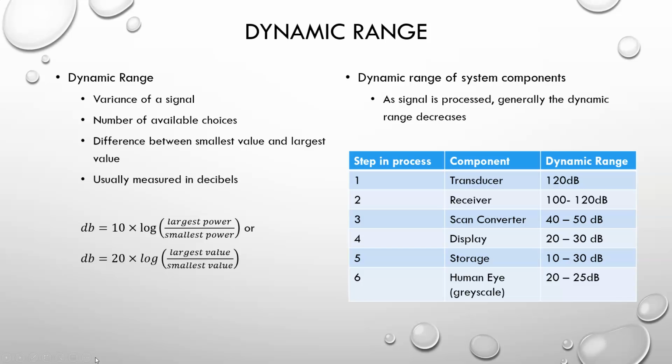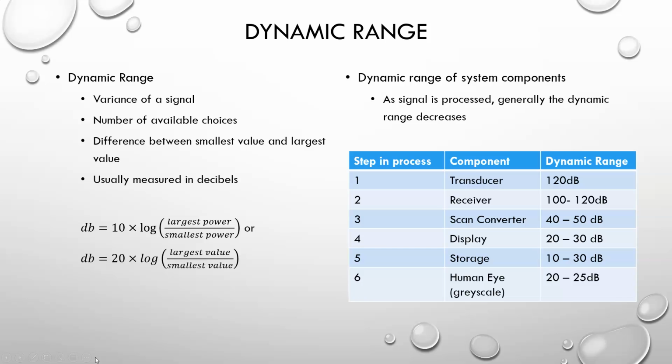Now, when we talk about dynamic range in our system, we're talking about the relative sensitivity of the equipment to voltages, and so we're typically using the 20 times log ratio equation.